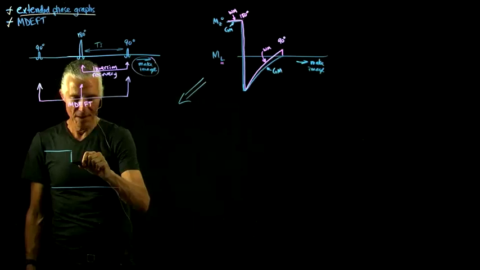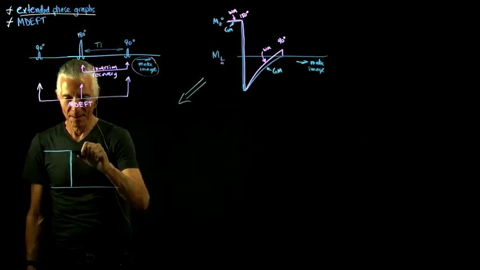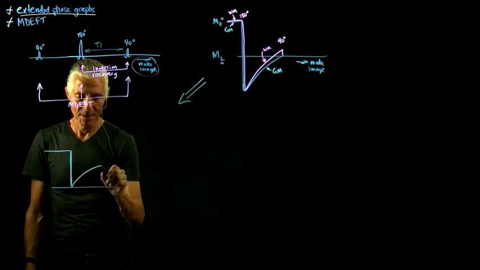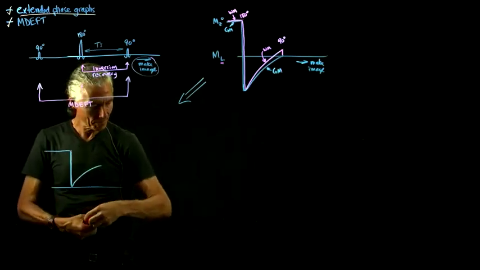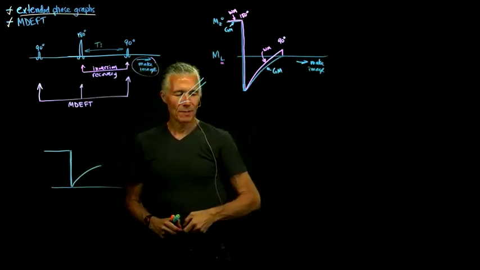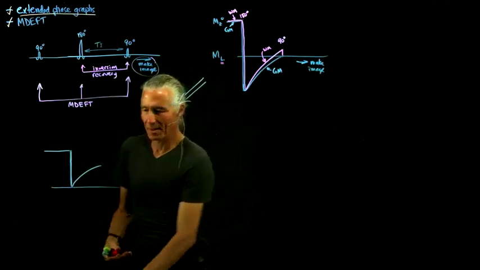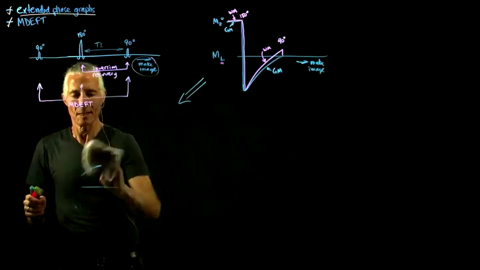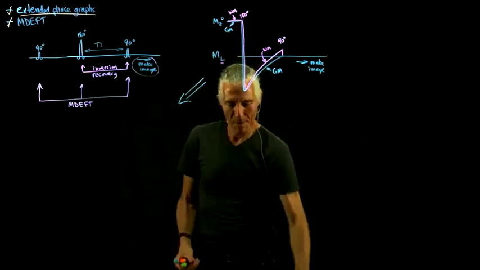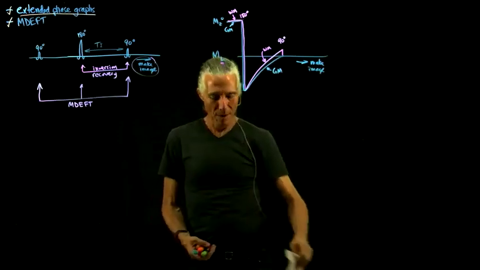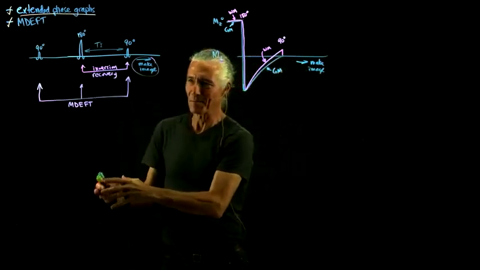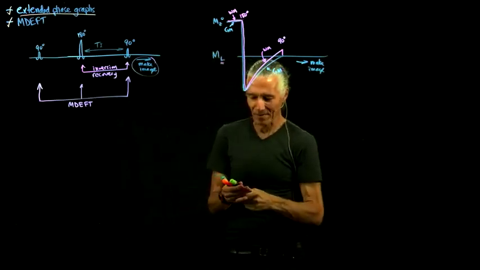We do a 90, and then we get some recovery, and there might be some difference between them. Sorry, before I start that one, let's say what the problem can be with this one, and that will give a reason for doing the MDEFT.